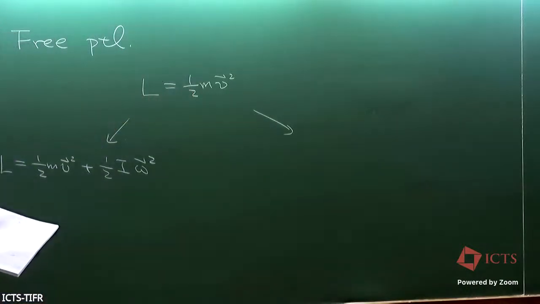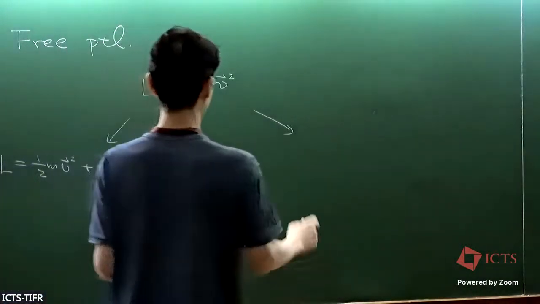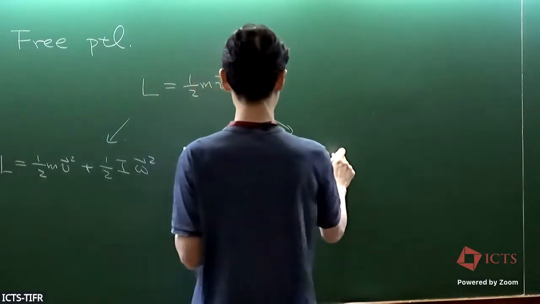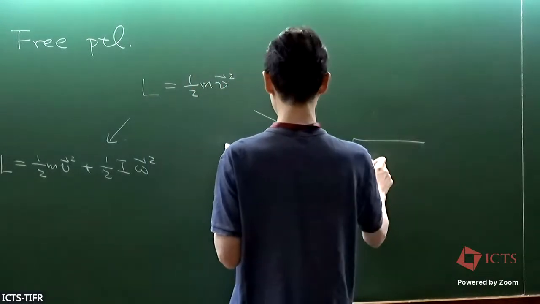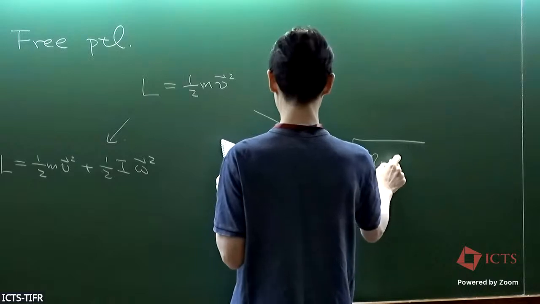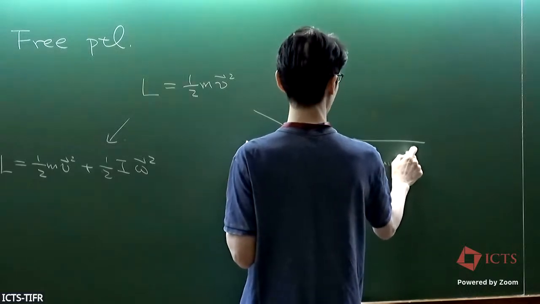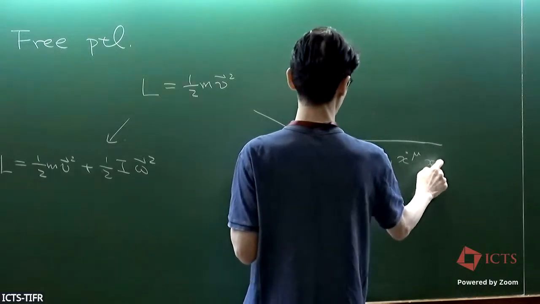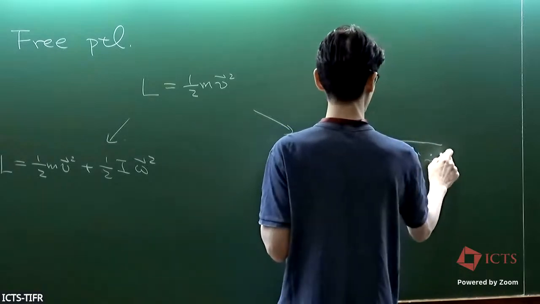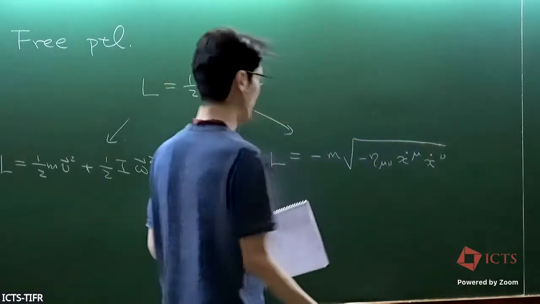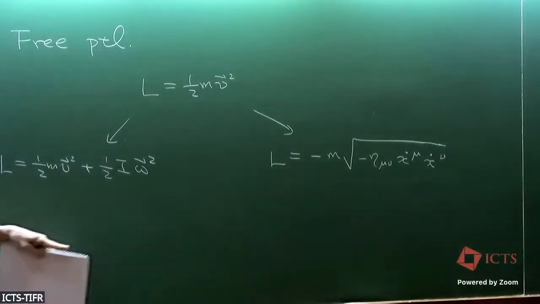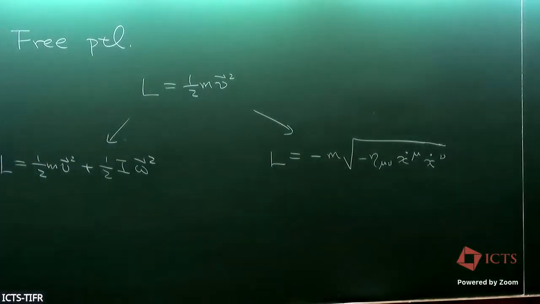When we learn special relativity, we learn this beautiful fact that the Lagrangian, the action for the point particle in special relativity, is just the proper length of the trajectory.